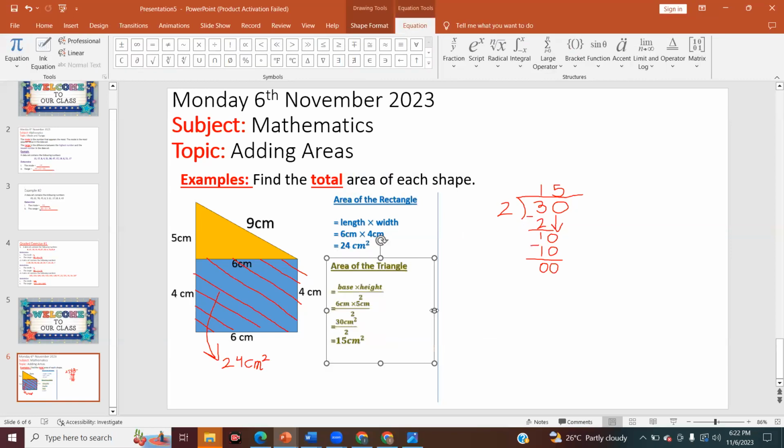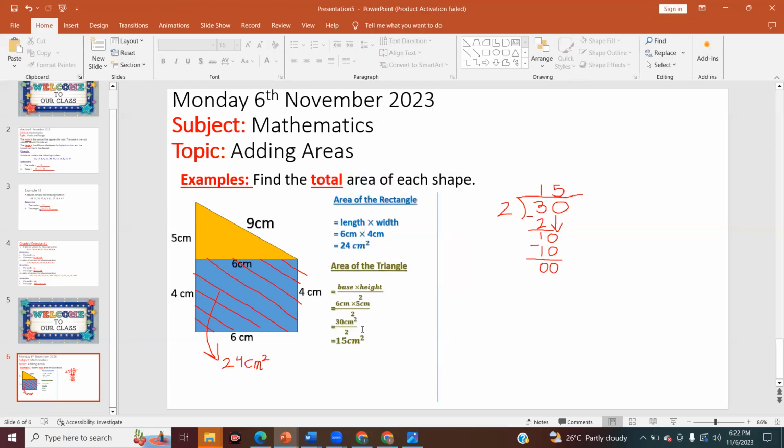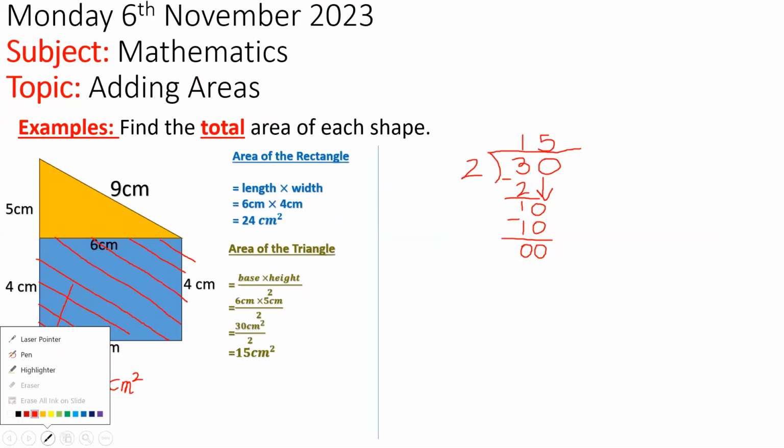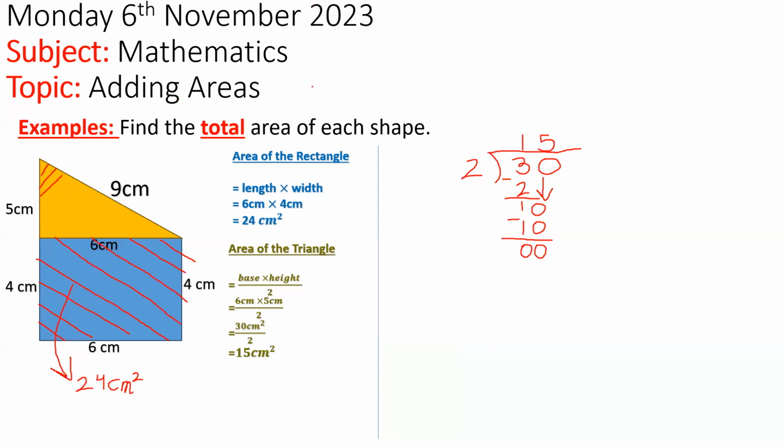Good. So the area of the triangle is going to be what? 15 centimeters squared. So that means all of this here is going to be the area that's inside here.